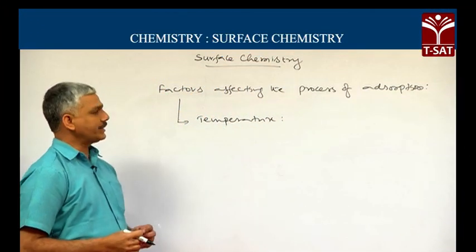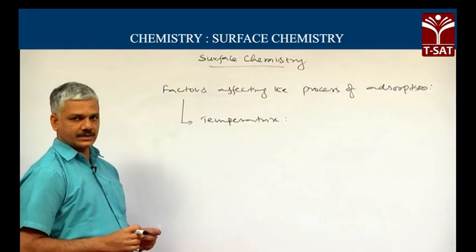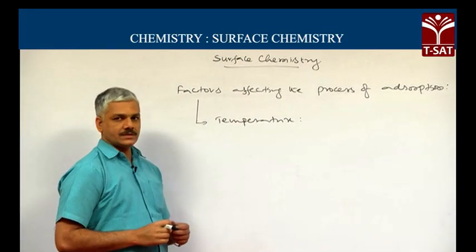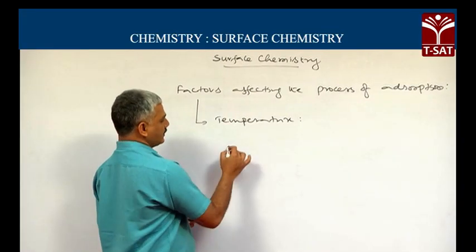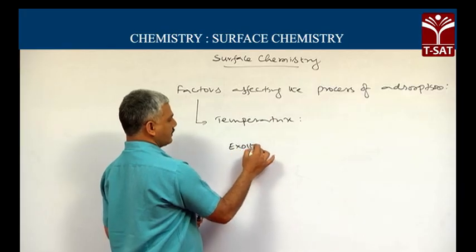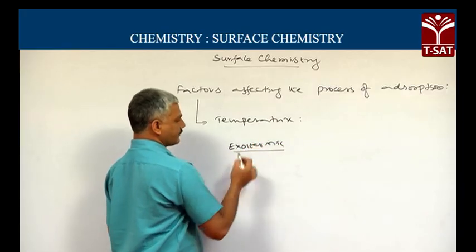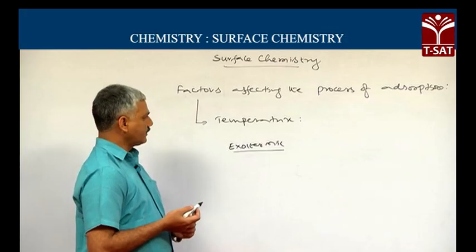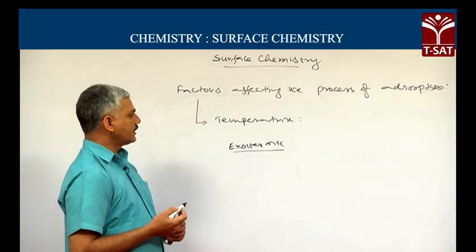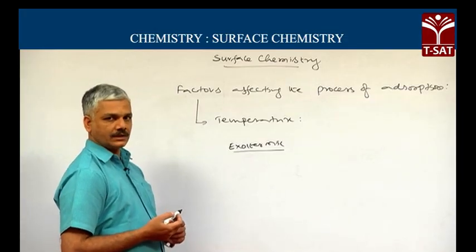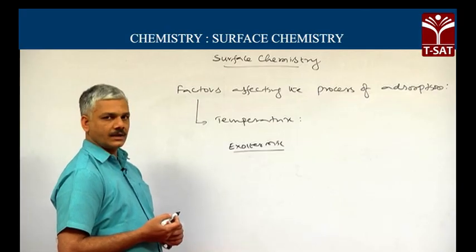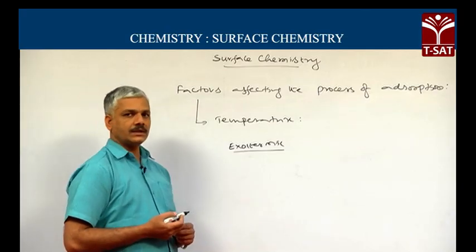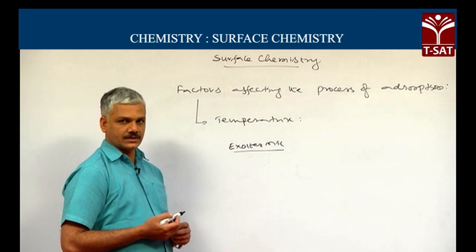Effect of temperature on the process of adsorption. The process of adsorption is always exothermic in nature. Hence, with increase in temperature, the extent of adsorption always decreases. However, it depends on the type of adsorption also.